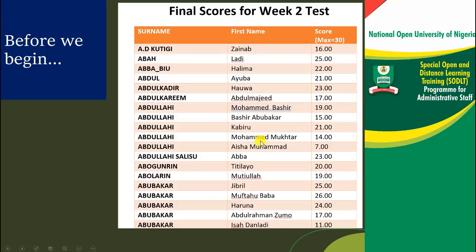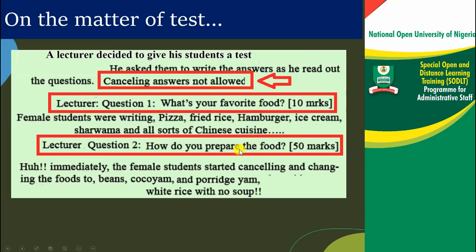Now, the matter of test, there was this lecturer who decided to give his students a test, and he asked them to write the answers as he read them out, and no cancellation of answers is allowed. Question number 1: what's your favorite food? That's for 10 marks.